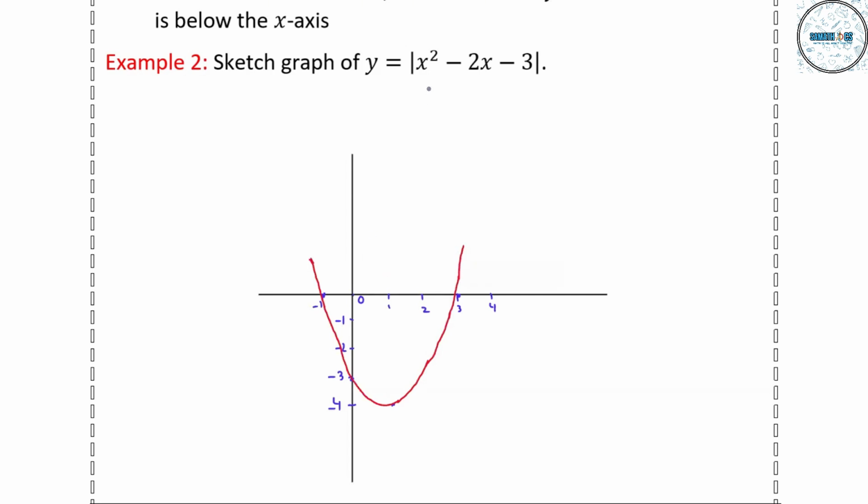For graph of absolute function, we have to reflect all the values which are below the x-axis. For graph of absolute function, all the values which are negative will become positive.